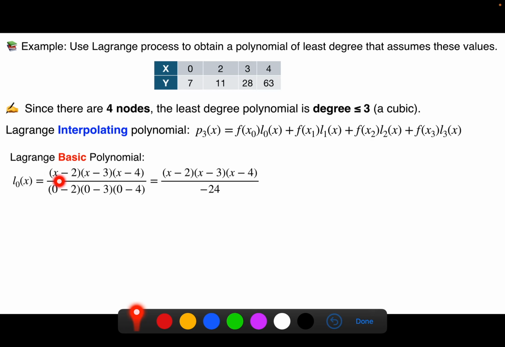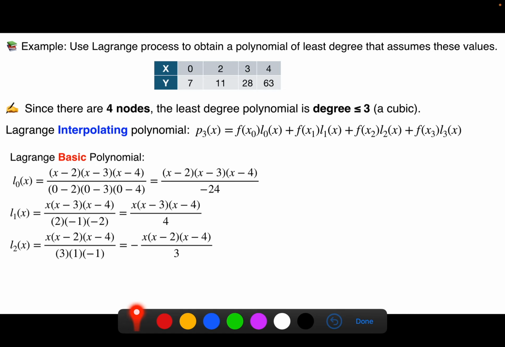Means in the numerator we just put x equal to 0. After simplifying we get L0(x) equal to (x minus 2)(x minus 3)(x minus 4) divided by minus 24. Similarly, we find L1(x), L2(x) and L3(x).